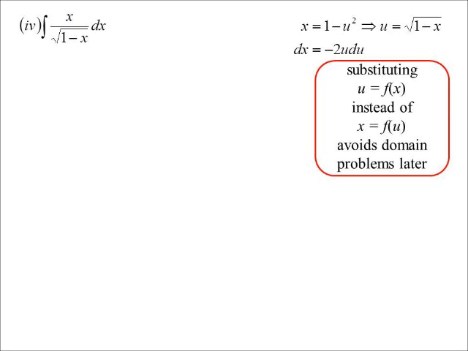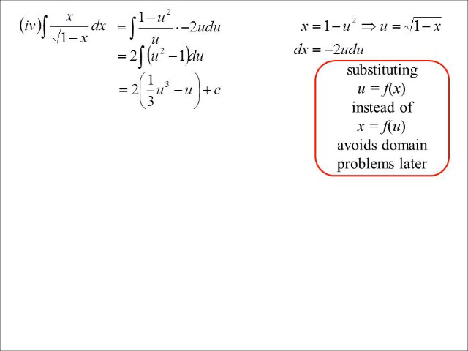Not an issue here, because it's not a definite integral anyway, but we just have to watch out for things like that. So I end up with 1 minus u squared on u times minus 2u du. Tidying all that up, take the 2 out, I've got u squared minus 1. So add 1 to the power over the power, subbing the u back in, which is the square root of 1 minus x, and there's my answer.